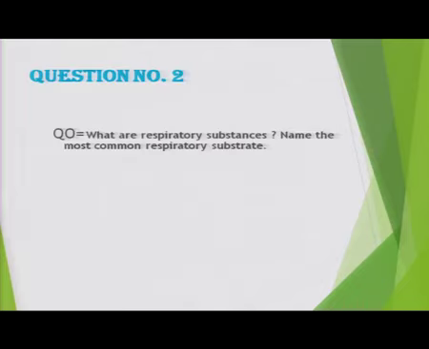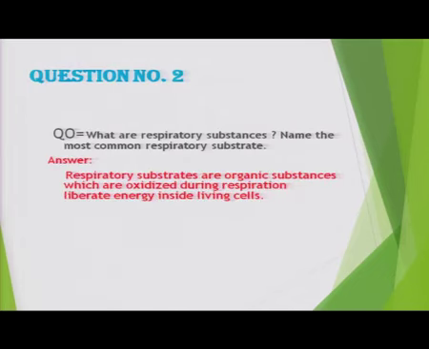There are various types of respiratory substrate molecules by which cellular organisms release their energy. The answer is: respiratory substrates are the organic substances which are oxidized during respiration, which liberate energy inside the living cell.